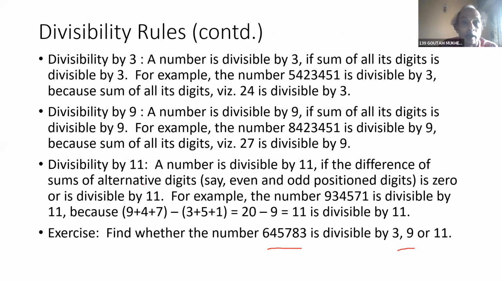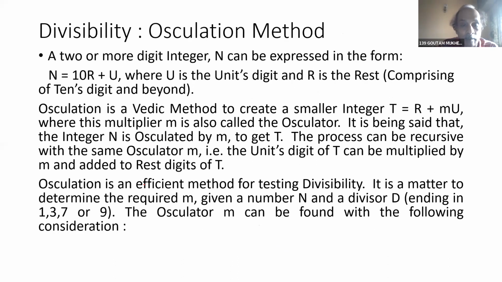But what happens when it comes to 7, 13, 17, 19, all ending with 1, 3, 7, 9, except 3 and 9? For that, the osculation method is there. What is osculation? A 2 or more digit number n is expressed in the form n equals 10r plus u, where u is the unit digit and r is the rest of the digits.